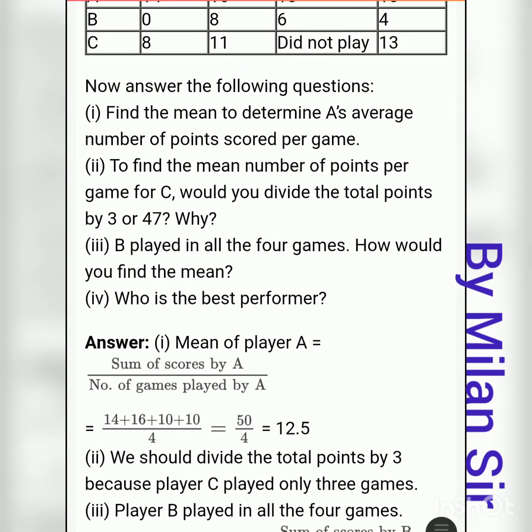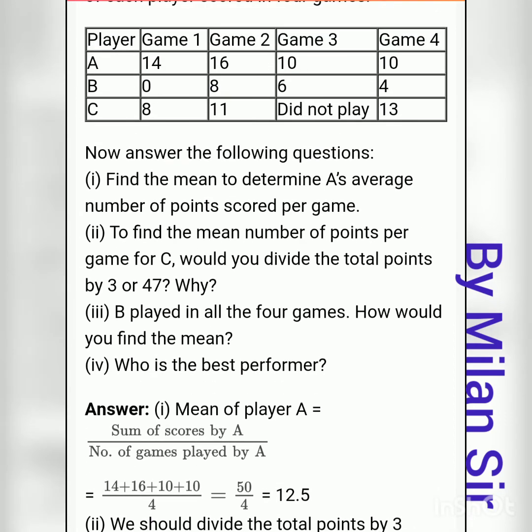Right, so we need to divide the sum of the numbers by 3 because he played only 3 games. He did not play the 4th game, so we cannot find the mean of that inning. We need to consider only 3 scores, so we divide by 3. Why is this question asked? Because if we want to find the mean, in the denominator we need to write the total numbers, whether 3 or 4.